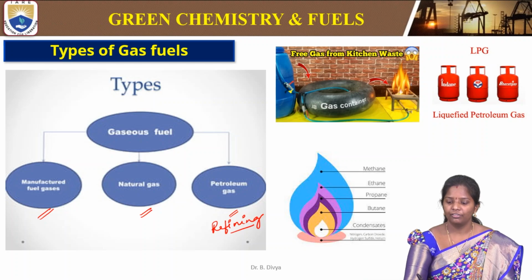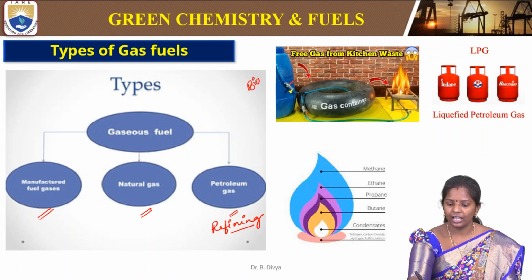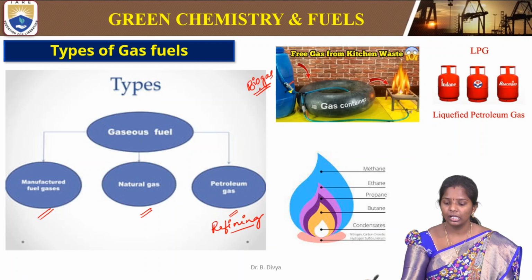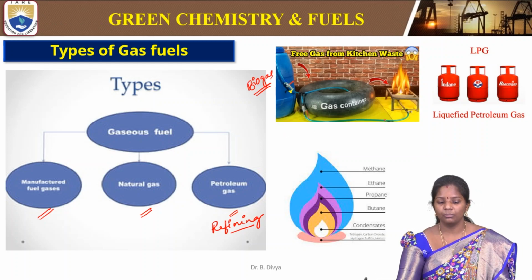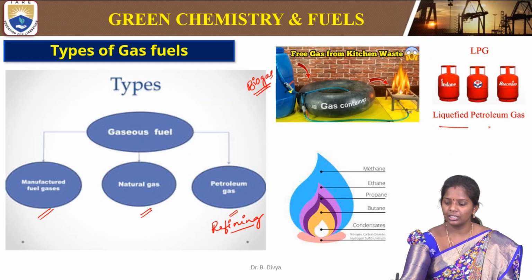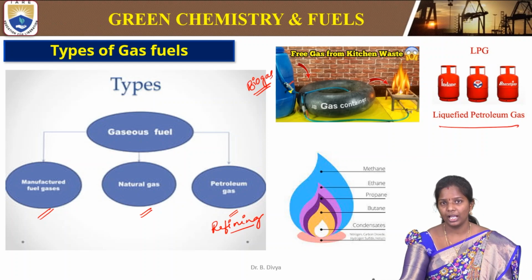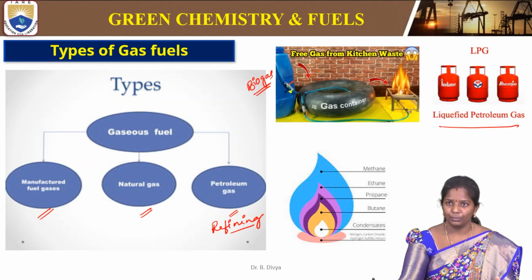For example, biogas is manufactured by humans, and it can be used for cooking purposes. Petroleum gas is liquefied petroleum gas, a converted one, which is used in our domestic cooking. Another one is naturally occurring gas.